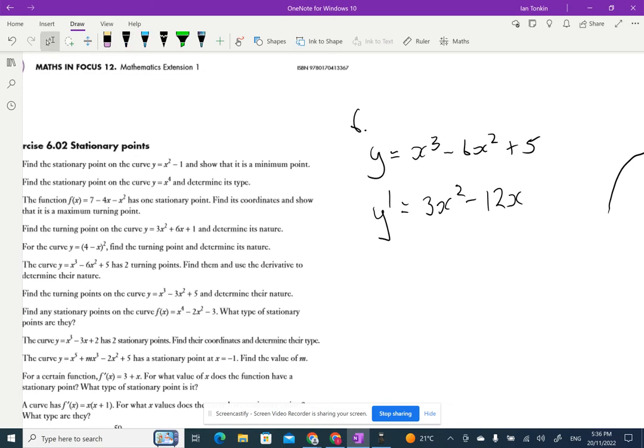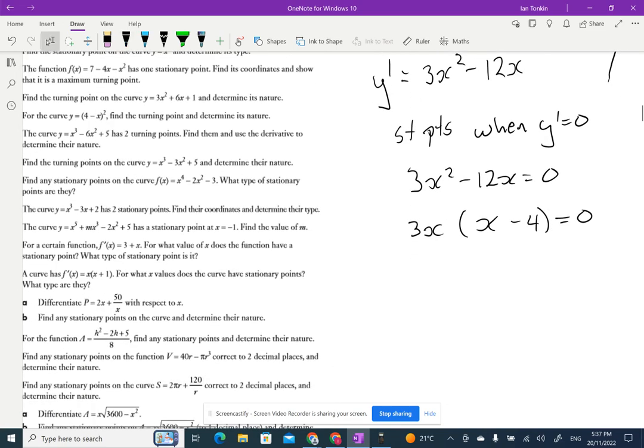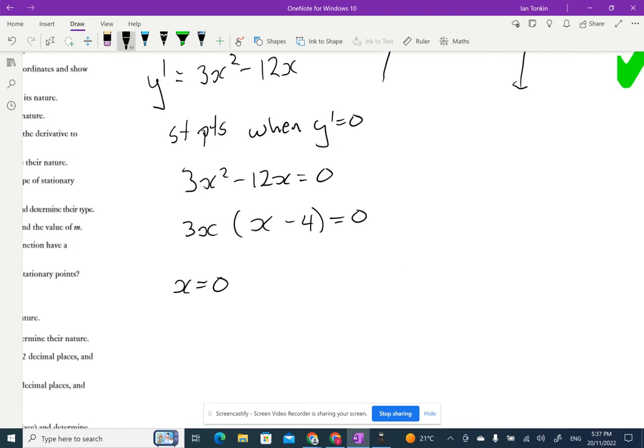Now, let's find stationary points when y dash equals 0. Therefore, 3x squared minus 12x equals 0. Therefore, we take out 3x and we're left with x minus 4. So our two stationary points are going to occur at x equals 0 and at x equals 4.